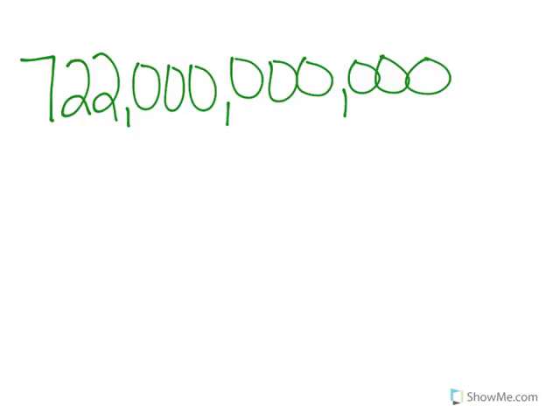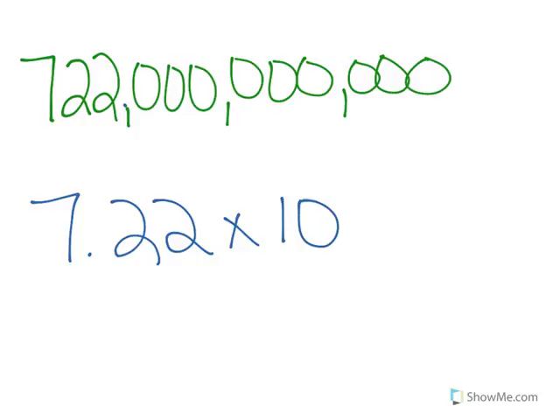Change it into scientific notation. Alright, well this is where you should have started. You should have 7.22 times 10 to the, what did you get? Let's see. We have 3, 6, 9, and then 9, 10, 11th power. So you should have gotten 7.22 times 10 to the 11th power.